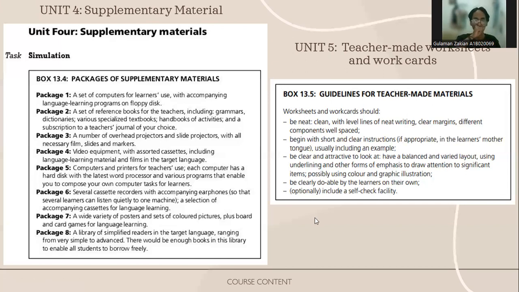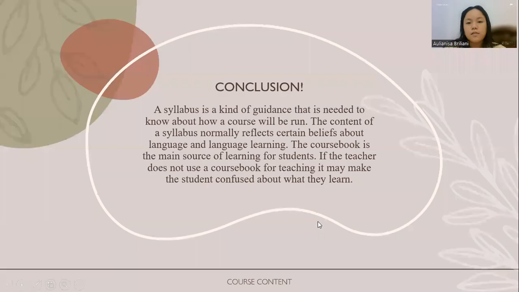Okay, thank you. Next is the conclusion. In this course content material, the conclusions are: a syllabus is a kind of guidance that is needed to know how a course will be run.